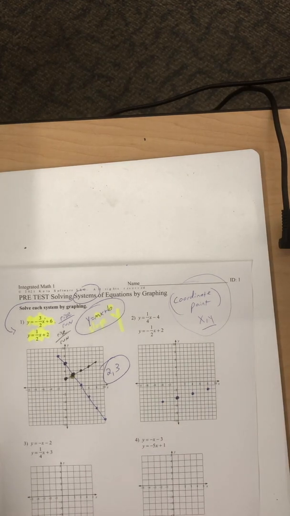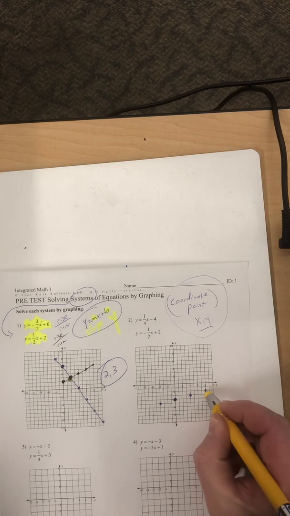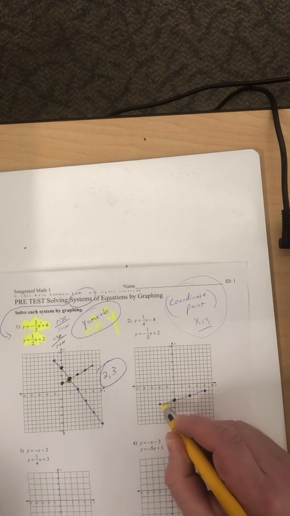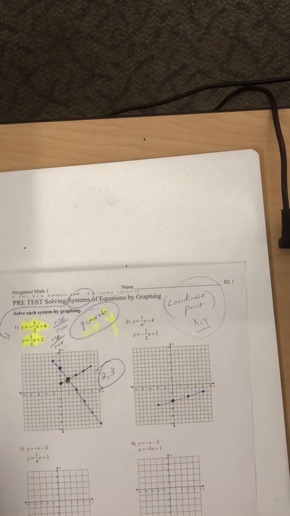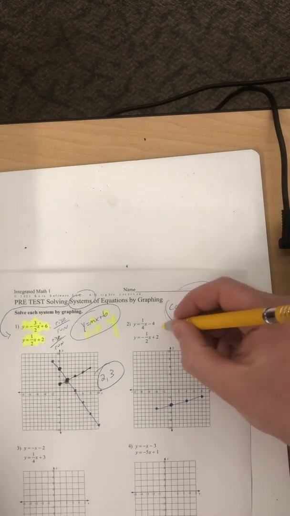Right? So there's my line. It's not steep at all because my slope is a fraction. That's a little better. So first equation is done.